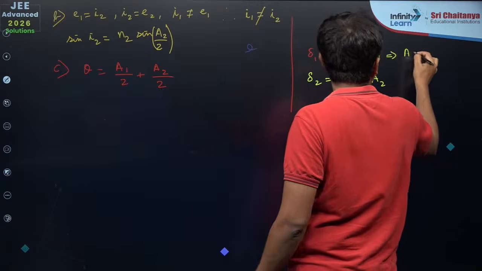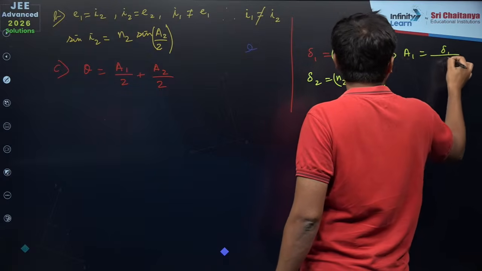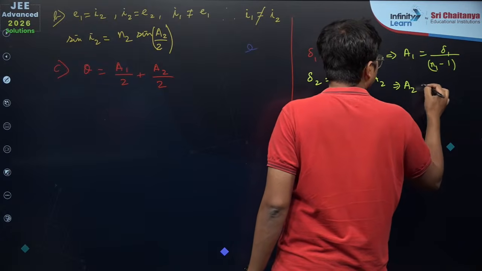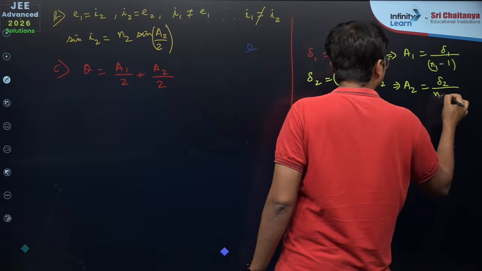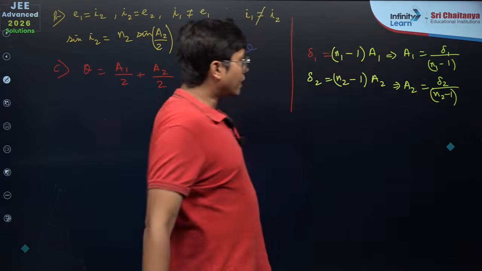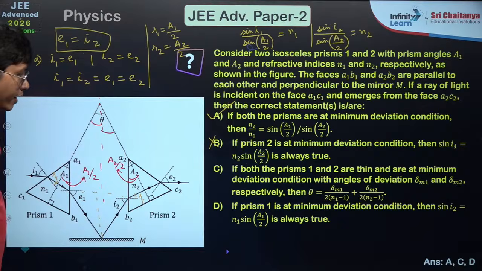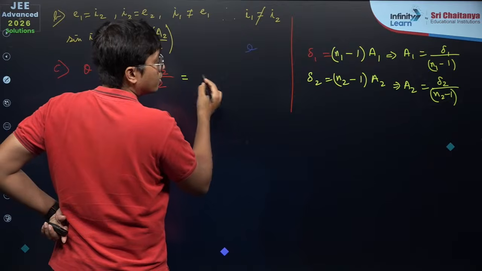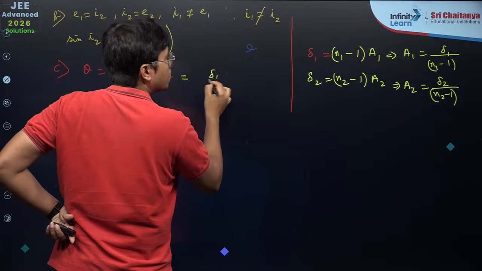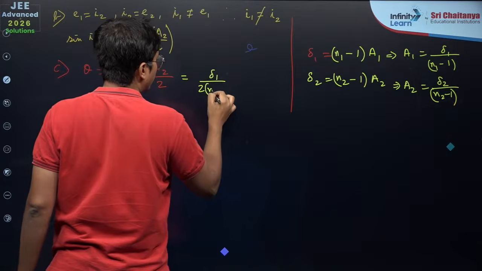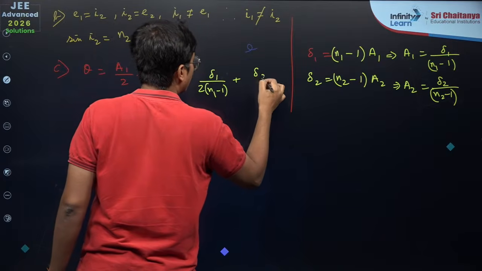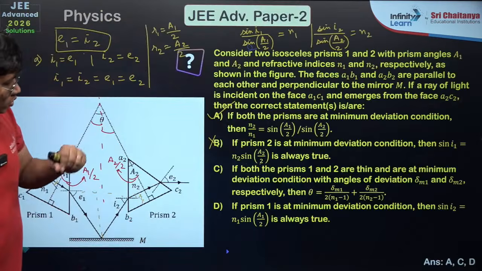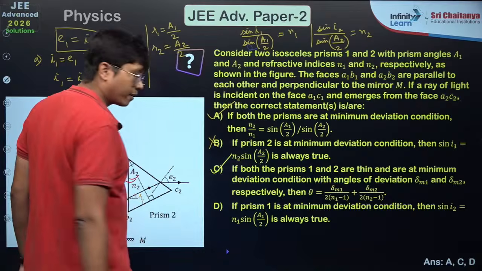So A1 is basically delta 1 by N1 minus 1, and over here A2 is equal to delta 2 by N2 minus 1. We got that down. Take it and plug them in here. So I have delta 1 by 2 (N1 minus 1) plus delta 2 by 2 (N2 minus 1). So option C also comes out to be correct.